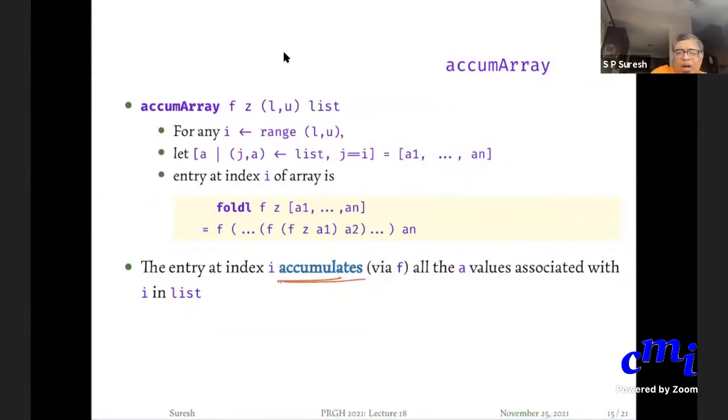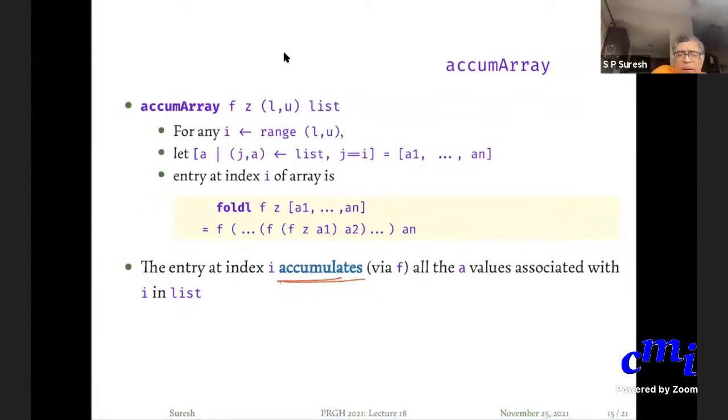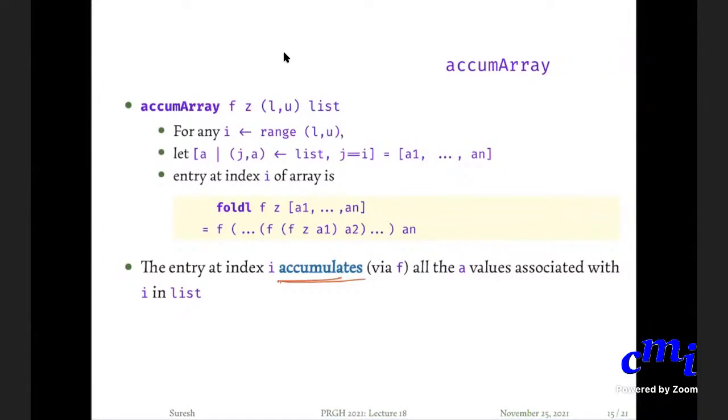It will not build any list or whatever. This is not part of accumArray. Sir, when we write this code, will we get only those A's where J is equal to I? Yeah. Okay, sir.